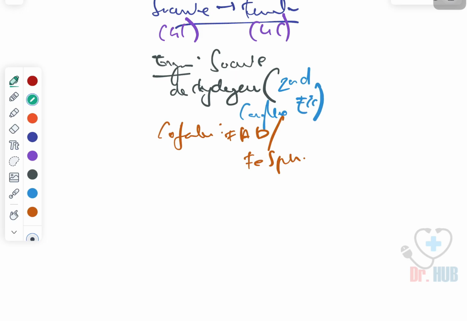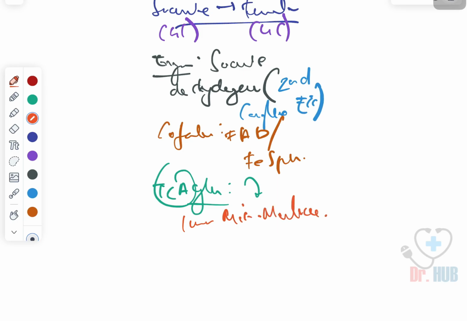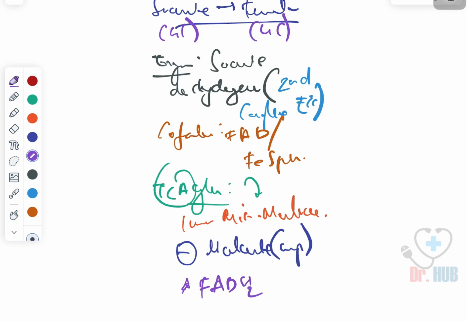It is the only enzyme of the TCA cycle which is attached to the inner mitochondrial membrane. It is inhibited by malonate and it is competitive. And there is release of FADH2.